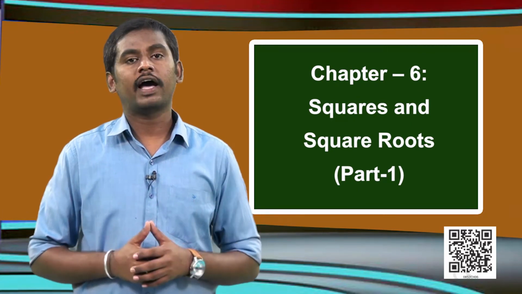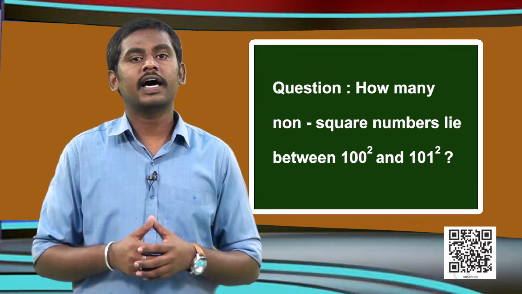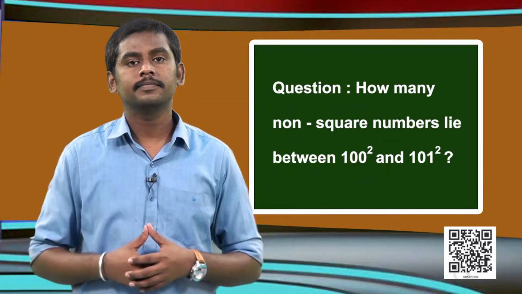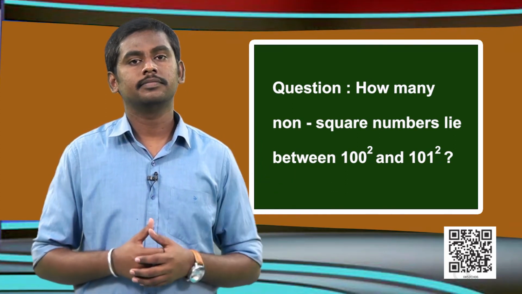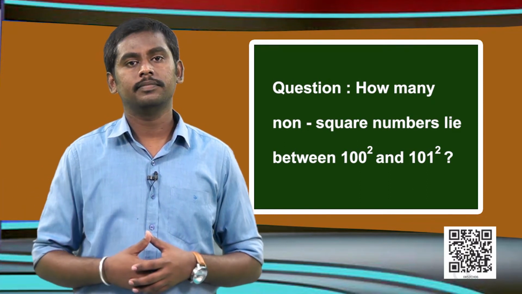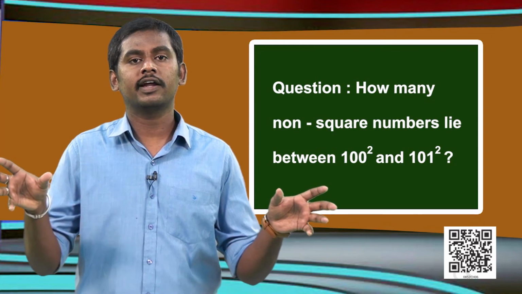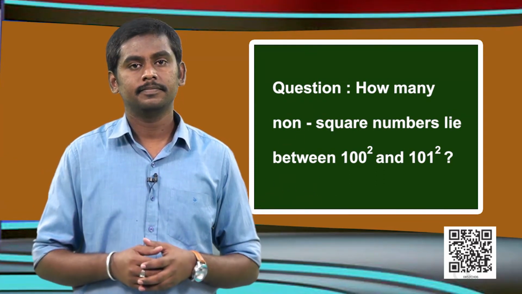So, let us try to have an example. Can you find how many non-square numbers are present between 100 square and 101 square? Well, let us take 100 as n, and then n plus 1 is 100 plus 1, which is 101. So, we have these two consecutive square numbers 100 square and 101 square. What was our n? Our n is 100.